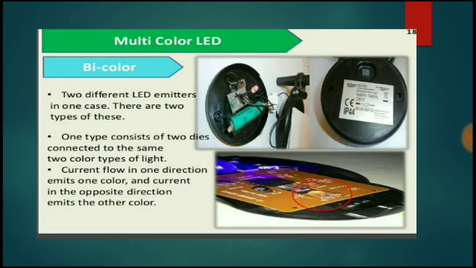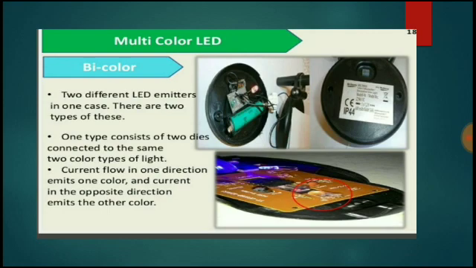First one is multicolor LED, that is first one is bicolor. See this, multicolor LED: two different LED emitters in one case. There are two types of this. One type consists of two dyes connected in the same case, emitting two colors of light.